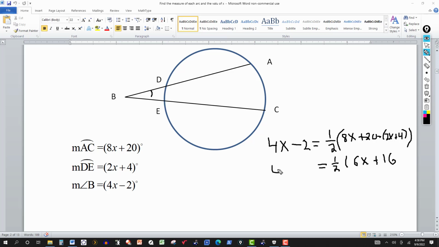And then of course we have 4x minus 2 over here. Now we could again multiply both sides by 2 to get rid of the fraction, and then proceed to solve for x. But notice 1/2 times 6, the 2 goes into the 6, the 2 goes into the 16, so let me just rewrite this as 1/2 times 6x is 3x. Then 1/2 of 16 is 8.